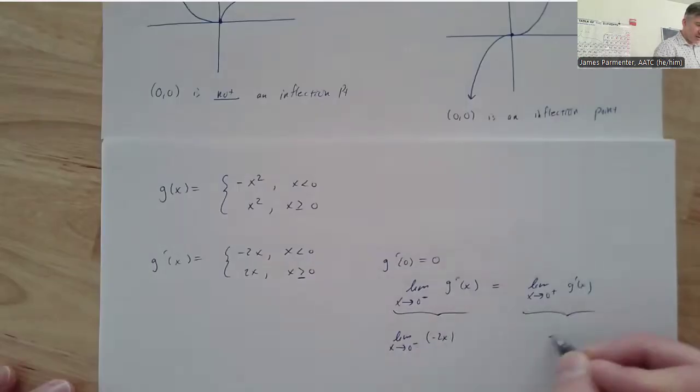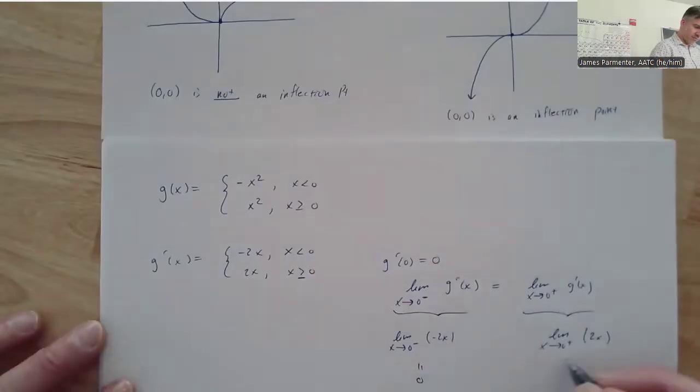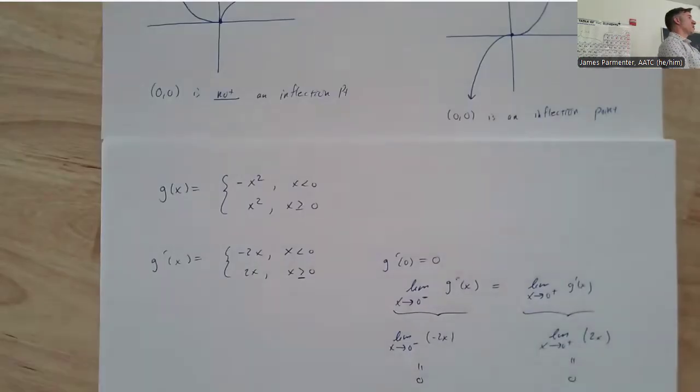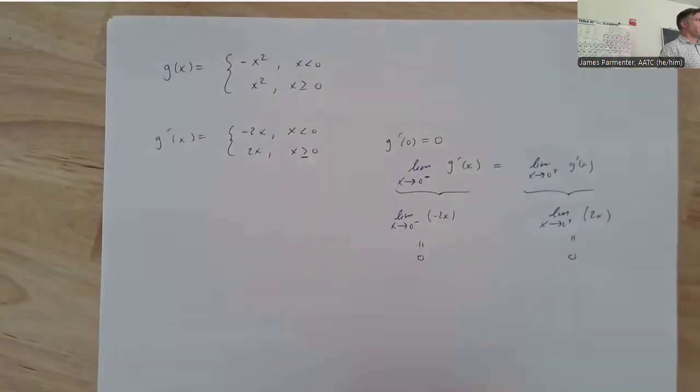This is just the limit as x approaches 0 from the right of positive 2x. And they both end up being 0. So that's differentiable. And we can see that there's a tangent line then because the tangent line just has a slope of 0. One more example, just to say a little bit more about these weird cases where you don't get an inflection point when you feel like you should, or you do when you feel like you shouldn't.